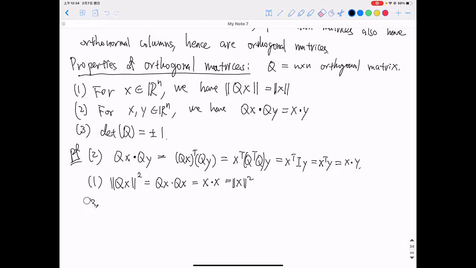Now, finally for 3, we can look at the determinant of Q transpose Q. That's the determinant of the identity, because Q transpose Q is identity. Now the determinant of the identity is 1.